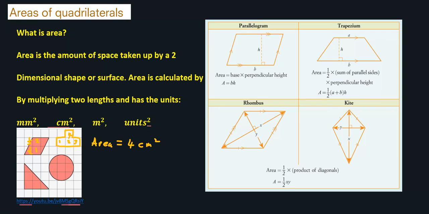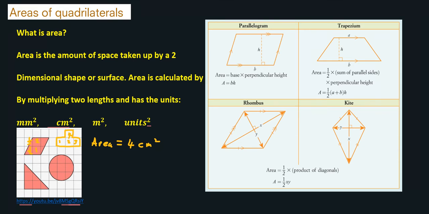We've got a trapezium where the condition is 1 set of parallel sides. We have a rhombus which has 2 sets of parallel sides and all sides are equal. And then we have a kite where we have 2 sets of equal sides.